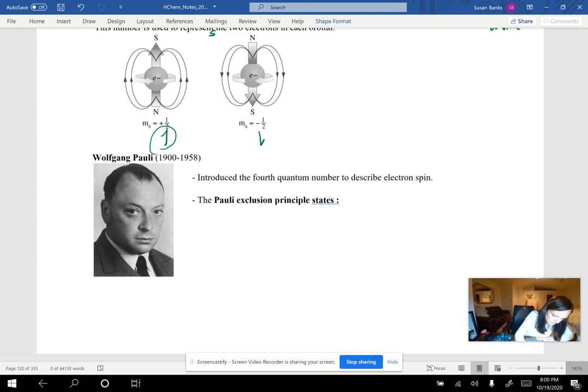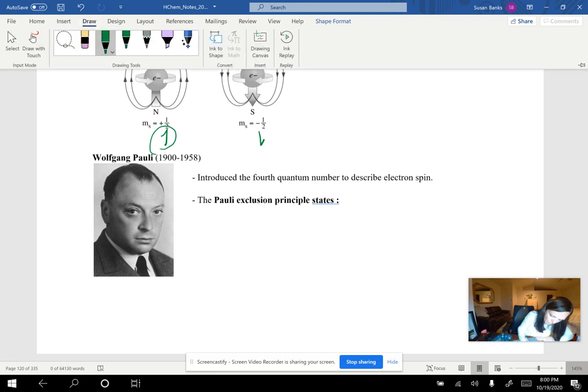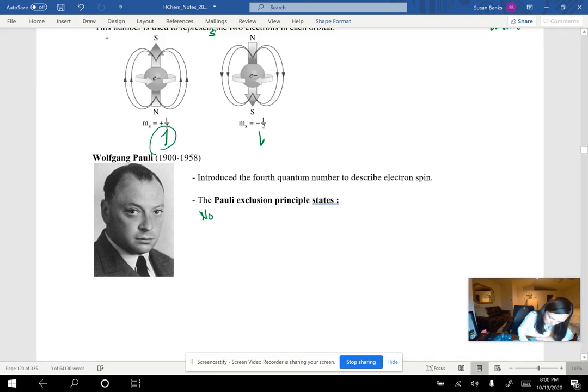So no two electrons can be in the same place at the same time.